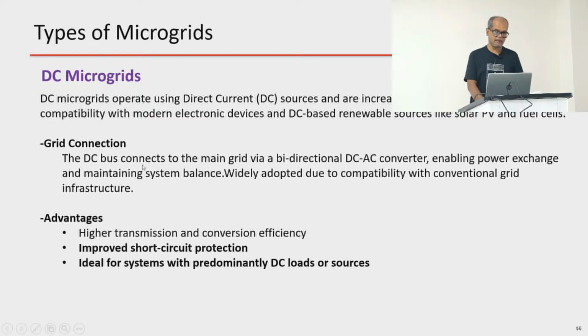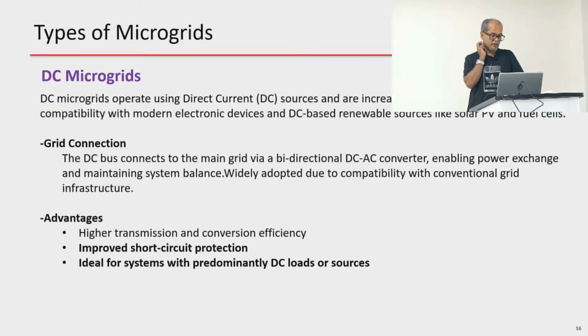The DC bus operates using direct current, and as you know, many of the devices like the photovoltaic system, battery and fuel cell all produce DC. So if you have a DC microgrid, you don't need to convert into AC. That is going to be cost effective, because you don't need an inverter. Also, with AC to DC and DC to AC there are conversion losses, so it will be more energy efficient as well.